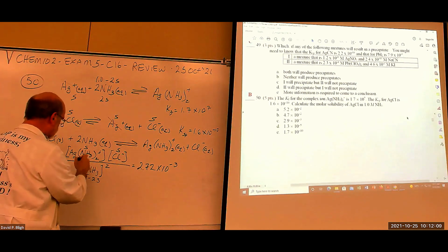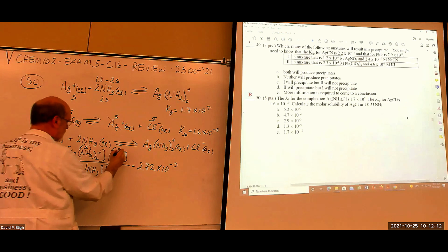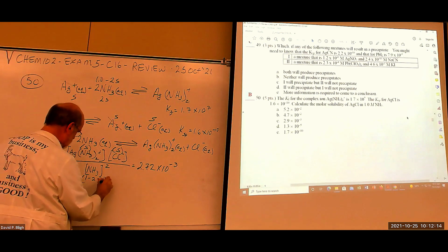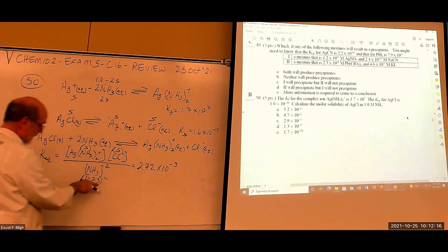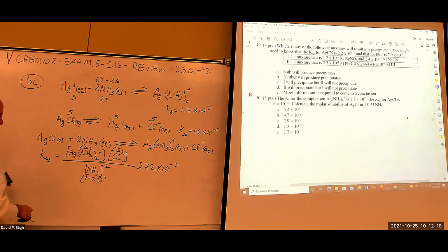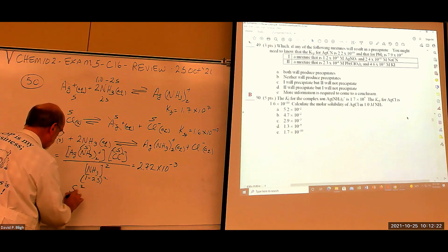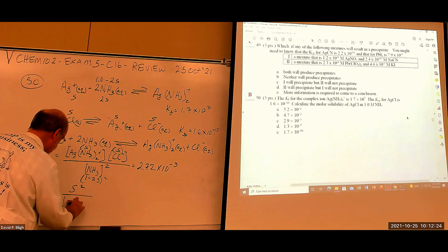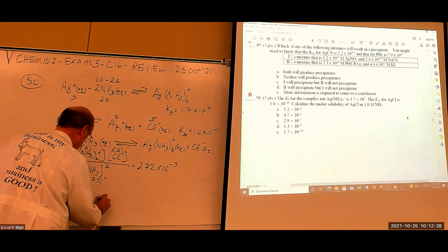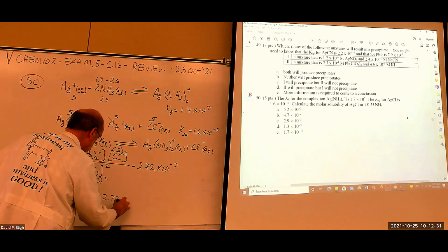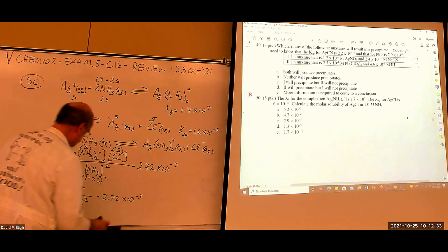Okay. So there's our expression. This one times this one squared equals that value. And now we just solve for S. So that's S over 1 minus 2S, squared, equals 2.72 times 10 to the minus 3.